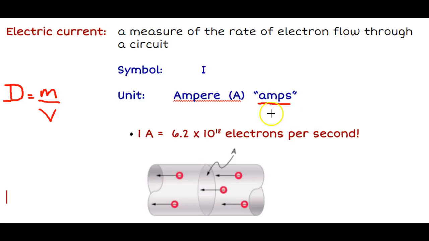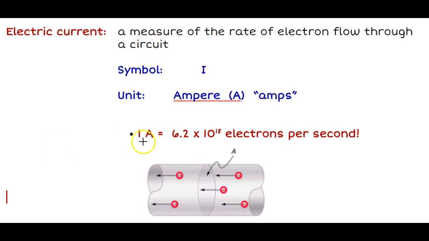So to relate this back to something you understand, to calculate density, we used units of grams and milliliters, say for example, and those were the units that we used to measure density. So for example, I might talk about a current measurement of 2 amperes, in the same way that I might measure mass as being 2 grams. But I think we have a pretty good idea about what 2 grams would look like.